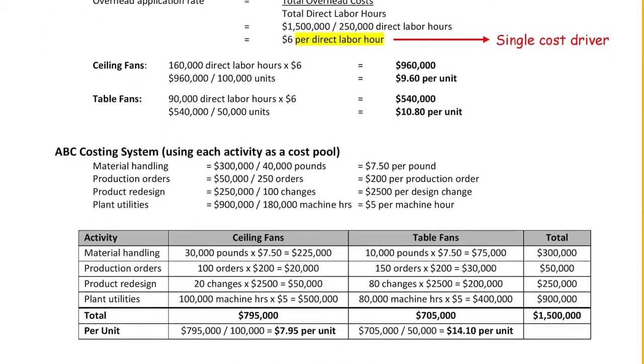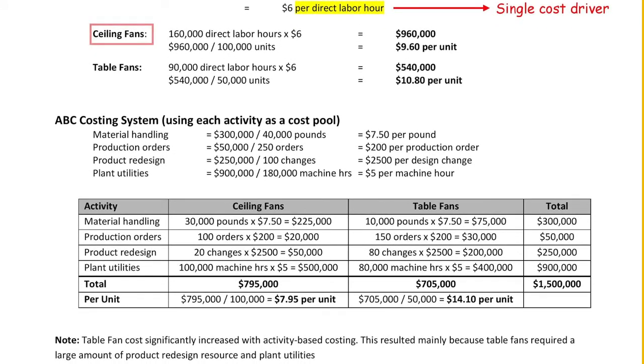Put a box around ceiling fans and circle $960,000. So ceiling fans, they've used 160,000 direct labor hours, and we're going to apply overhead at $6 per direct labor hour. So that would be $960,000. Next one, put a box around table fans. Now they've used 90,000 direct labor hours.